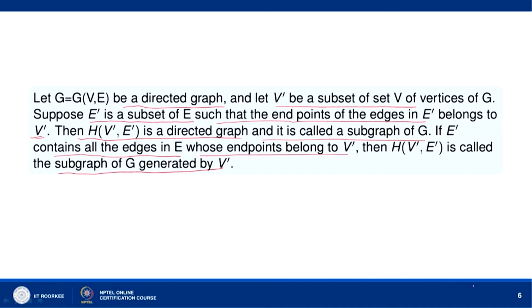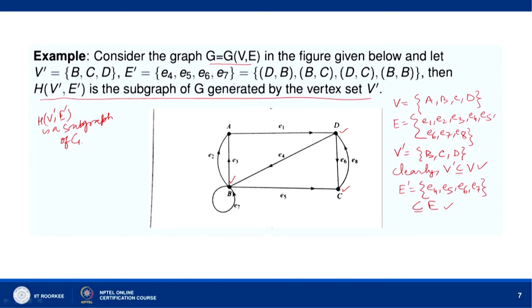Now, what edges does E dash contain? E dash contains DB, BC, and then DC and then BB.